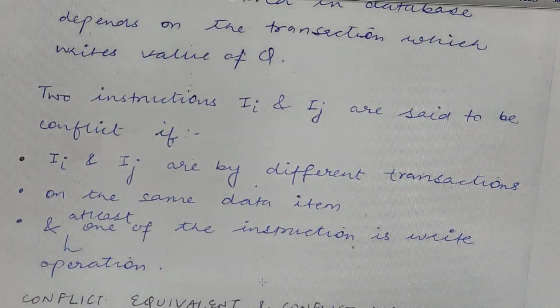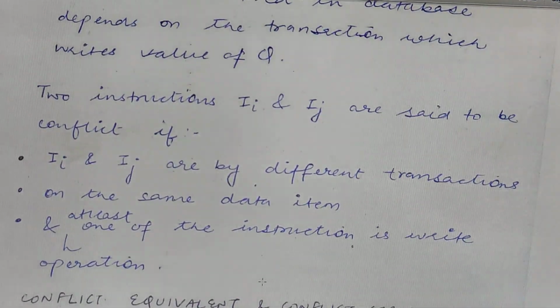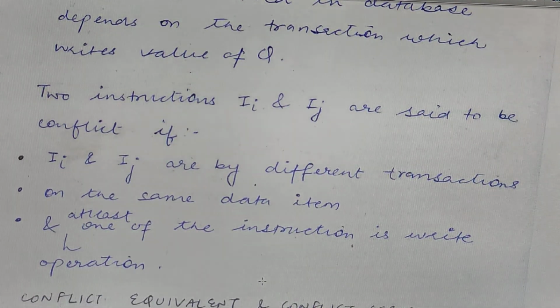Now, when will we say that Ii, belonging to transaction Ti, and Ij, belonging to transaction Tj, are conflicting with each other? They must belong to different transactions.